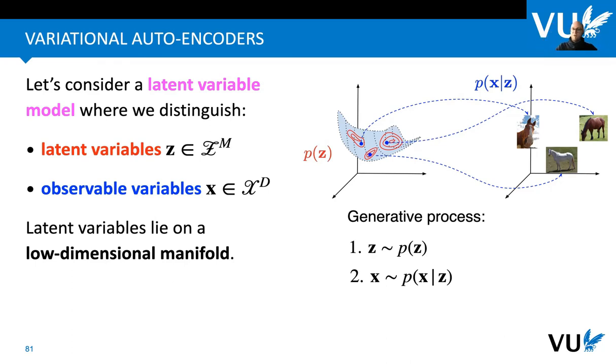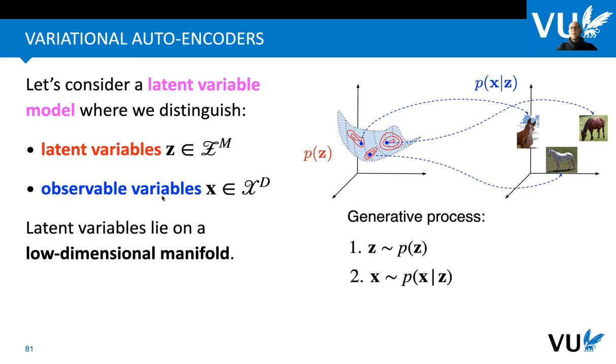So there are a lot of factors that, once determined, you can take them and conditionally generate an image. It's a little bit like thinking, if I am a painter, I think about different features of something, and then I take my hand, p of x given z, and I start painting, and turn it into a painting. And mathematically speaking, these latent variables lie on a low-dimensional manifold, right?